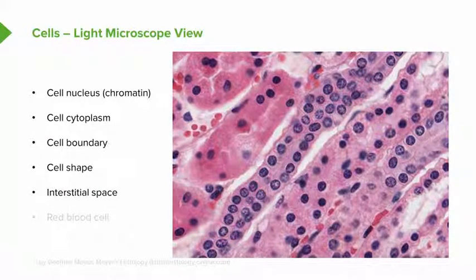And then between the cells, you can see these white clear spaces. That's the interstitial space. It's full of interstitial fluid that bathes the cells. It's where the cell gets its nutrients from and exchanges products to and from the cell membrane into the cell itself.